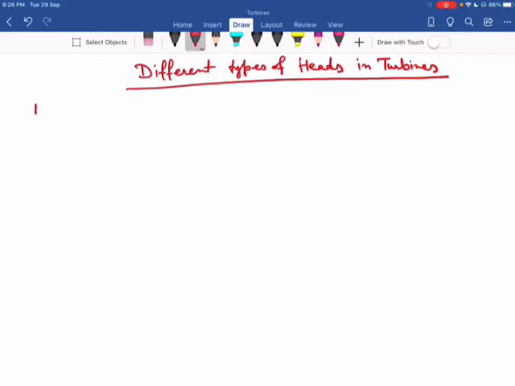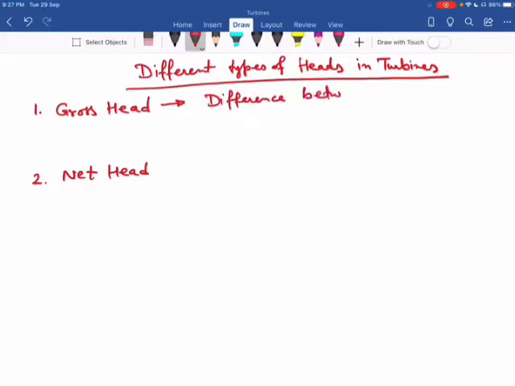One is the gross head, and second one is the net head. Now this gross head is the difference between the head race level and the tail race level.